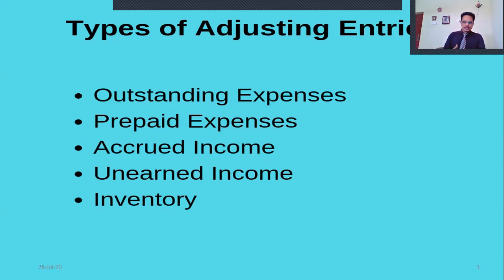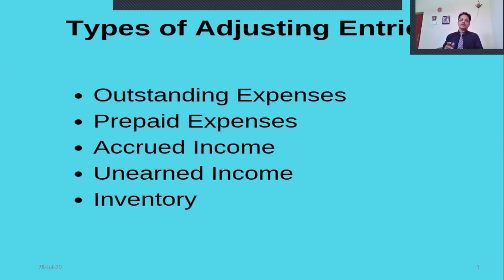If insurance is outstanding, debit insurance and credit insurance payable. So this is the entry. Outstanding expense is a liability, and the meaning you also understood: the expense due but not paid, and in Arabic, nafqatu mustahaq.